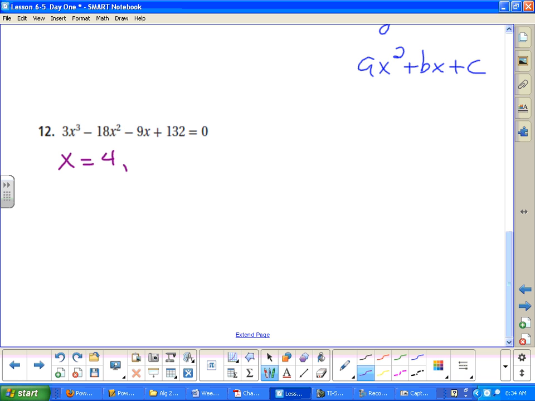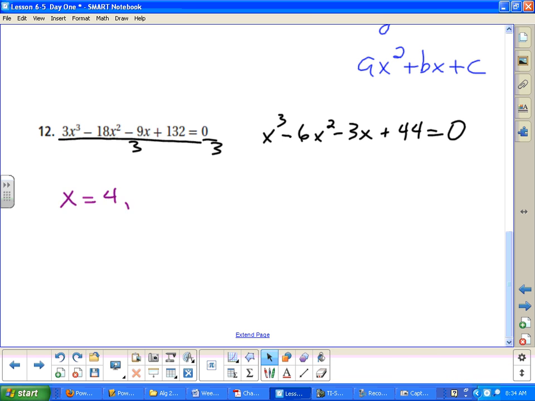So I could simplify this to x cubed minus 6x squared minus 3x plus 44. Those numbers will be much easier to use, right? Okay. It's an equation. So what did I do? I divided both sides by 3. That'll give me smaller numbers.